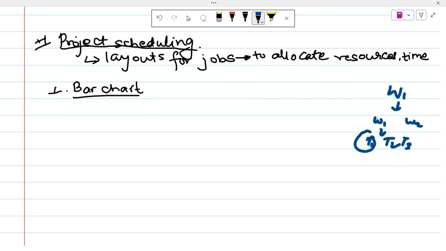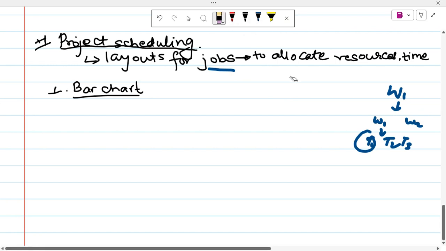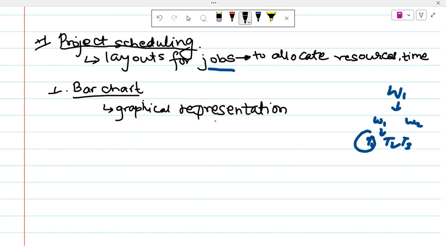Each task, each activity, each job is assigned resources and time. Bar representation of time scale bar line.